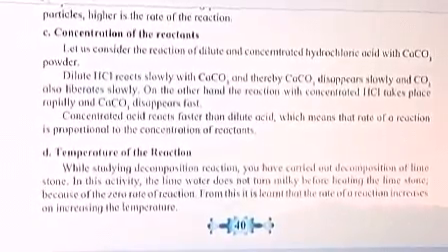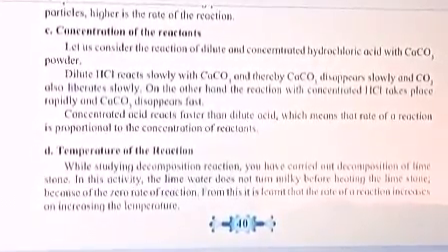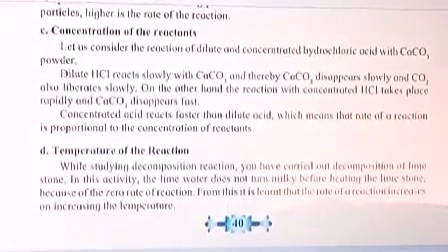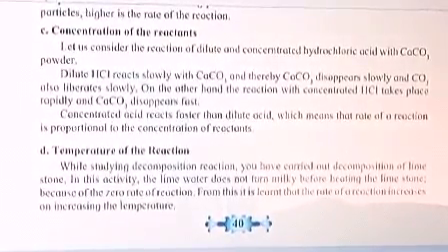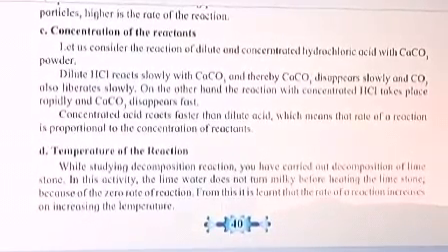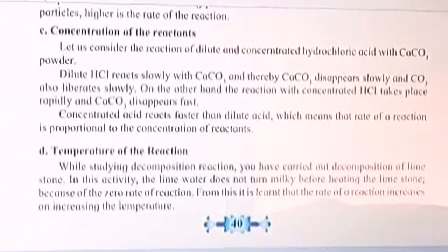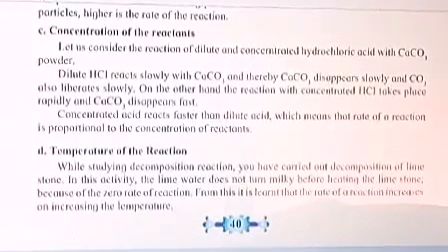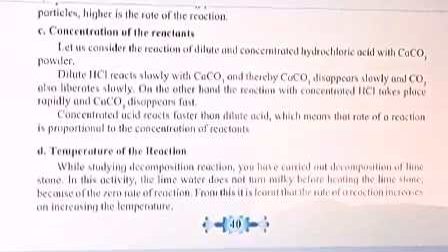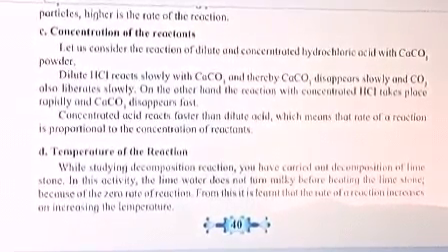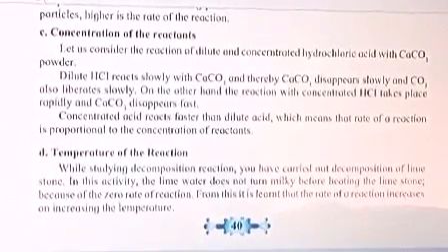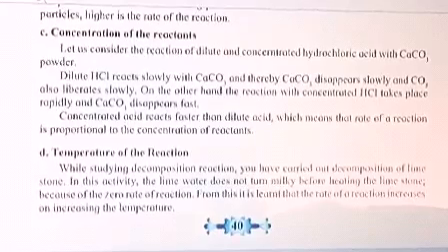The next factor that affects rate of chemical reaction is concentration of the reactants. Let us take one example. Take two test tubes. Add powdered calcium carbonate to both of them, equal quantity. In first test tube, add dilute hydrochloric acid and observe the rate of the reaction.